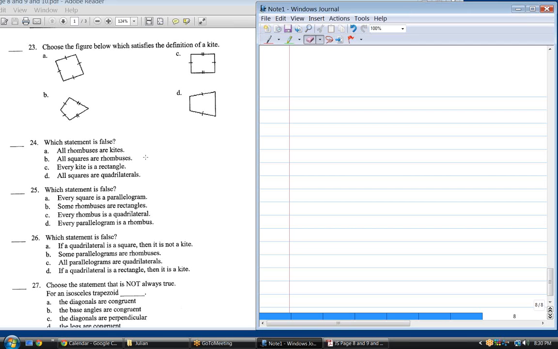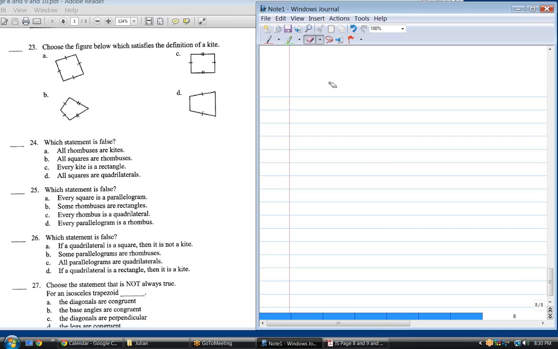How about 24? Which statement is false? All rhombuses are kites. Well, A is definitely a rhombus. Are all rhombuses kites? What's a rhombus? Two sides are the same and the other two sides are the same?